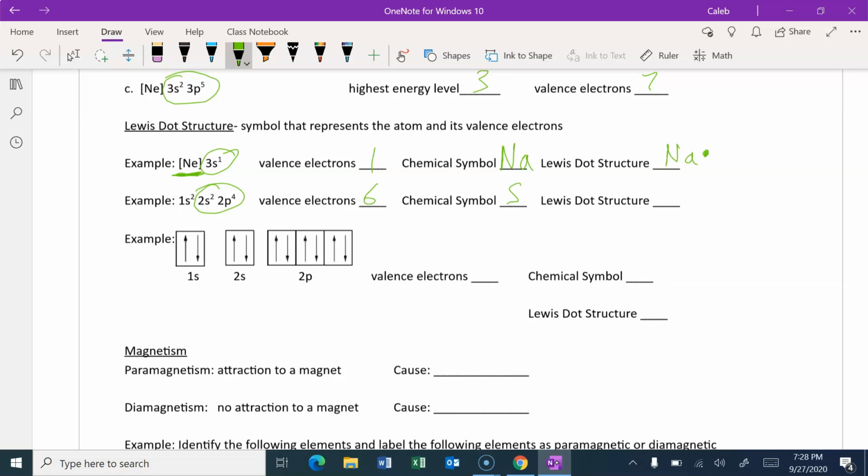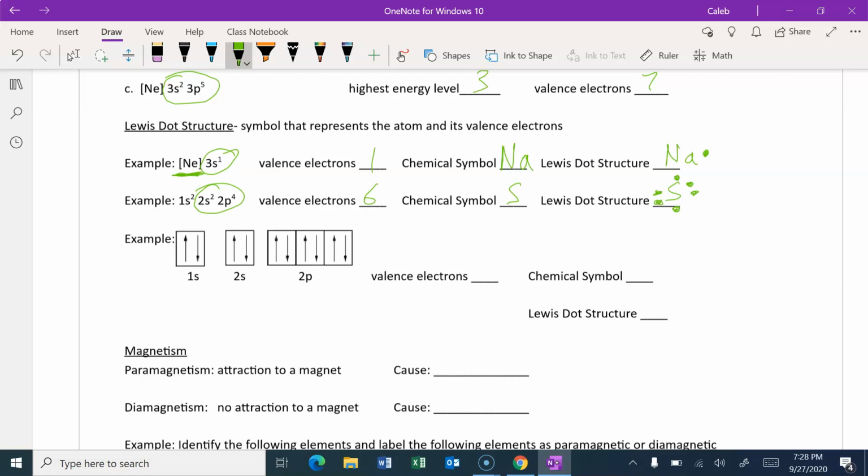My Lewis structure would be S with 6 dots. 1, 2, 3, 4. I always put 1 dot on each side before I come back and double any of them up. Okay, 1, 2, 3, 4. Then 5, 6. That'll work.